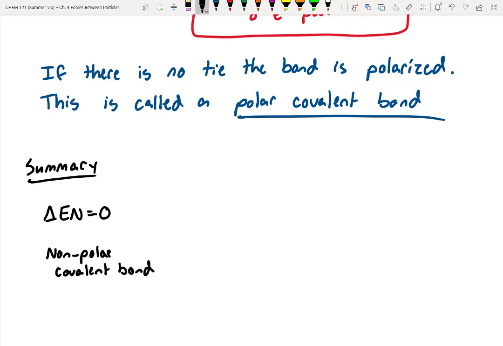All right, what about if the electronegativity is between, what if it's between 0 and 2? Well, it's not 0 anymore, so I would call this a polar covalent bond.